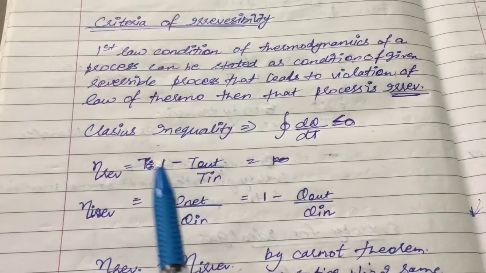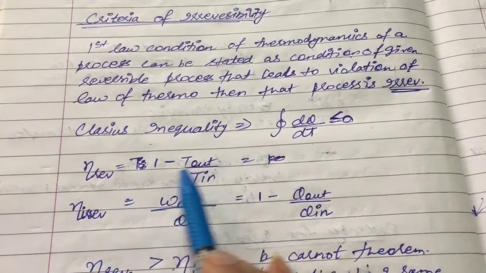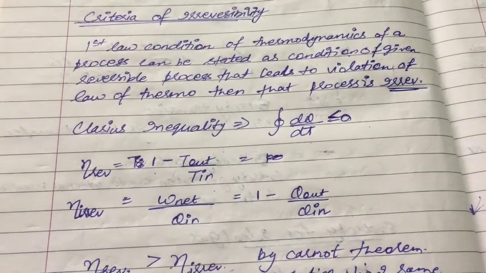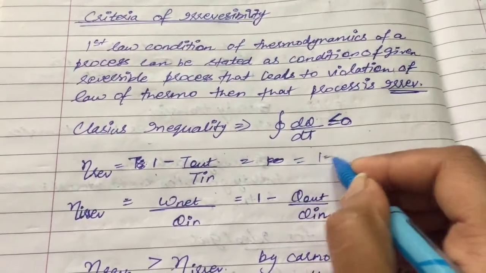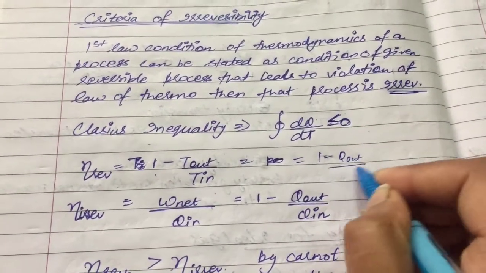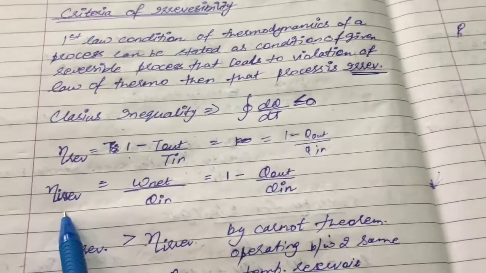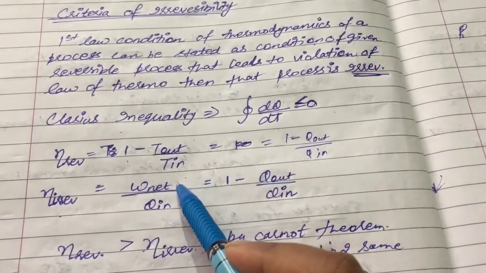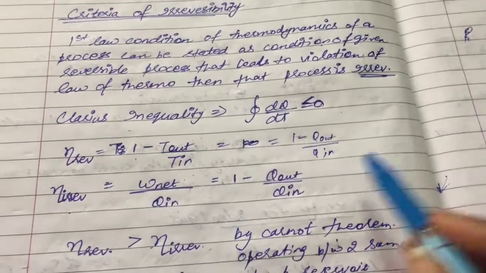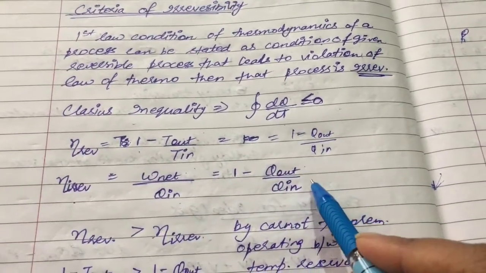We have studied this before. Then efficiency for a reversible process is 1 minus T out by T in, which is equal to 1 minus Q out by Q in. For an irreversible process, the efficiency is net work by Q in, which is equal to 1 minus Q out by Q in.